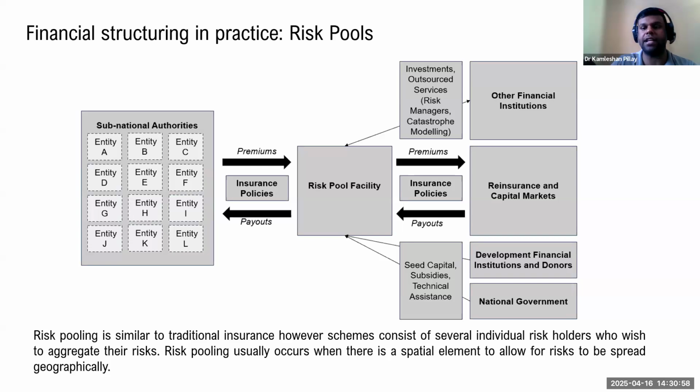So besides the management of retained funds to insurance or capital markets, a risk pool also needs to consider how it integrates other risk managers. So it may require catastrophe modeling. Often these models are based on satellite data or Earth observation data, which we'll talk about later.